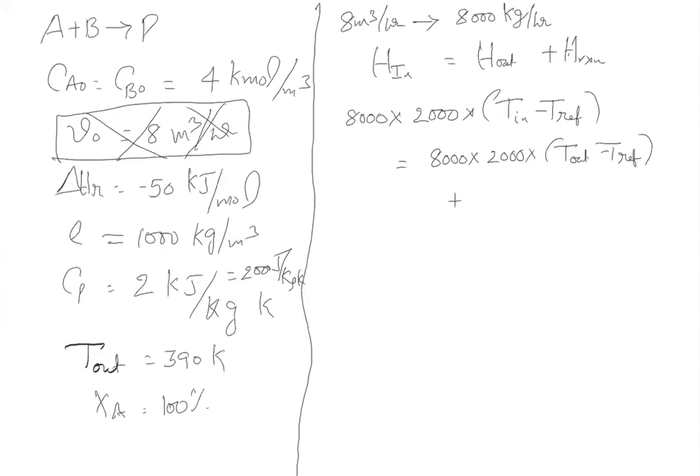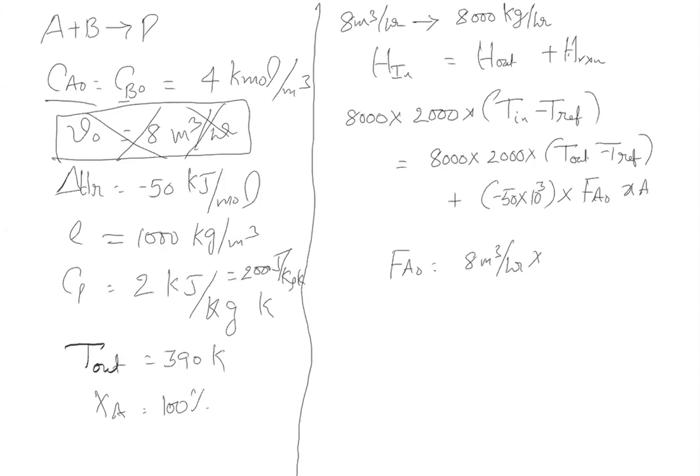What is delta HR? Minus 50 into 10 Q, which is joule per mole, into FA naught into XA. But what is FA naught? 8 meter cube per hour into, now this is a 2 reactor. Should you write 1 reactor?